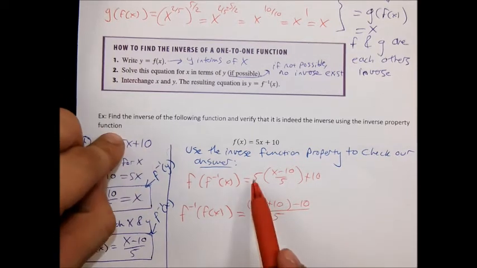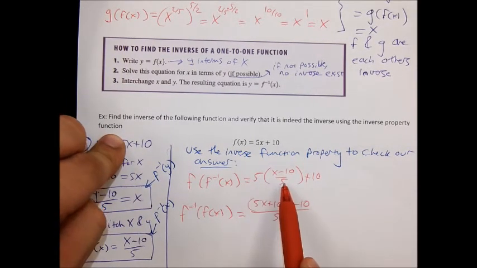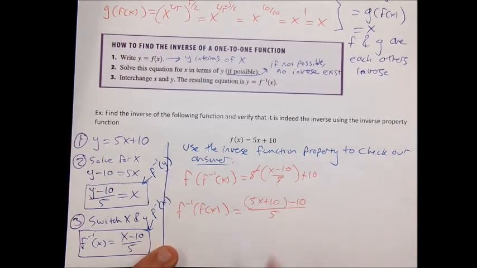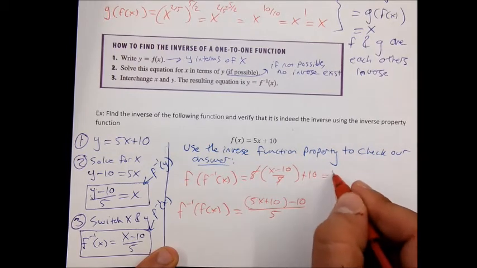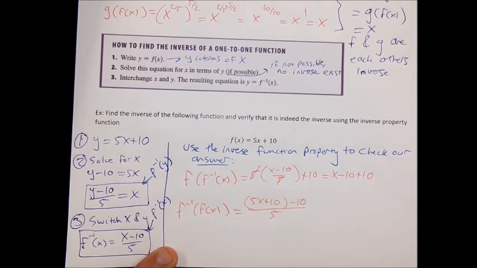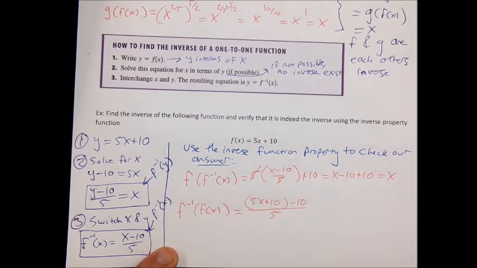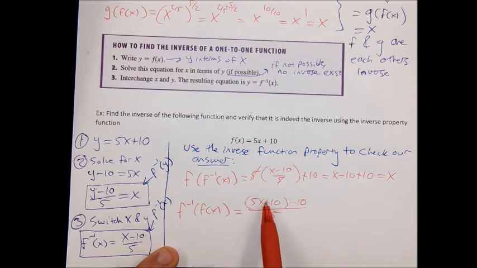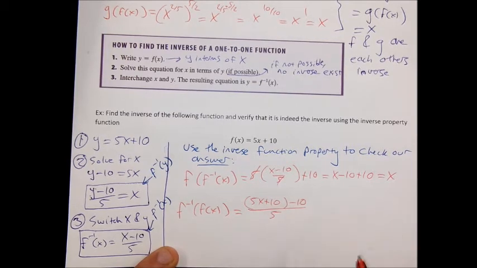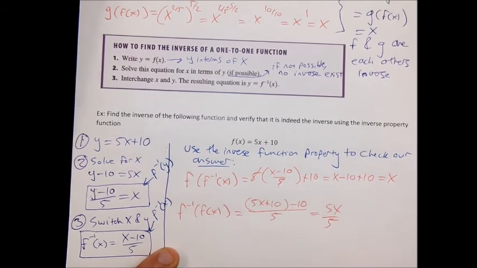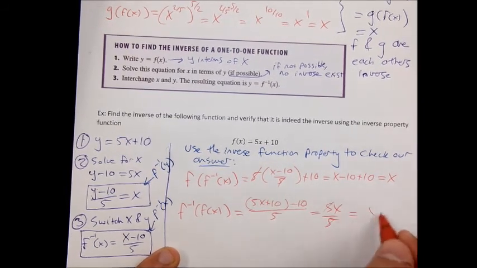On this first one, the 5s cancel, right? The 5 in the denominator cancels with the 5 multiplying it, and we end up with x minus 10 plus 10. Then the 10s cancel, and we just get x. That's what we were looking for. On the second one, the 10s cancel, so we get 5x over 5, and then the 5s cancel, and we just get x.